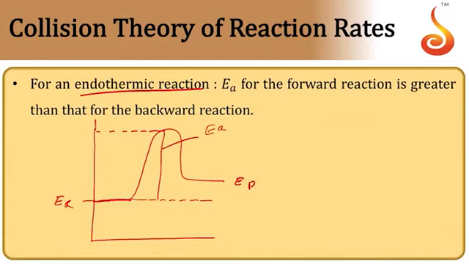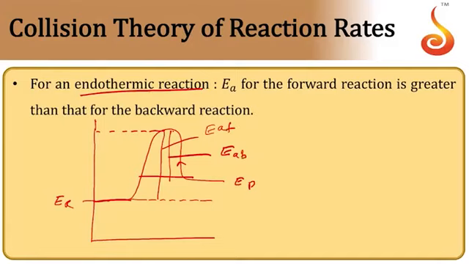If it is a reversible reaction, then the reaction takes place from here to here, and this part will be taken as the energy of activation for the backward reaction. Let us put EAB here, and this will be EAF.